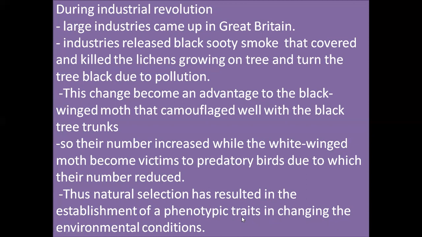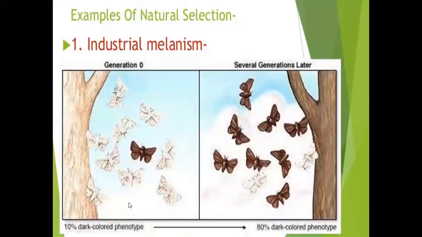The phenotypic trait has changed according to the environmental conditions. In generation 0, see, there are more white moths, with 10% dark colored phenotype when there was no pollution, while 80% dark colored phenotype is seen after several generations.